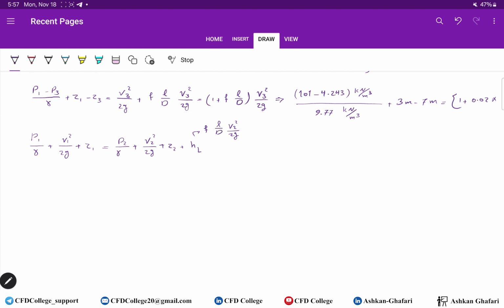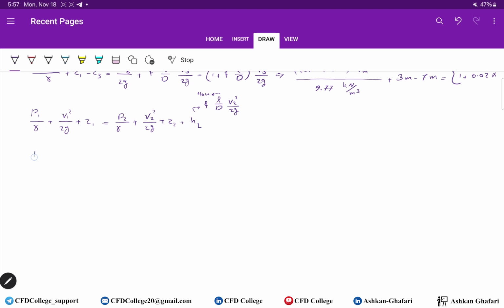Be careful that here from point 1 to point 2, L is 40 meters. Now since at point 1 and at point 2 we don't have cavitation, you can use gauge pressure for P1 and P2, but don't do that.